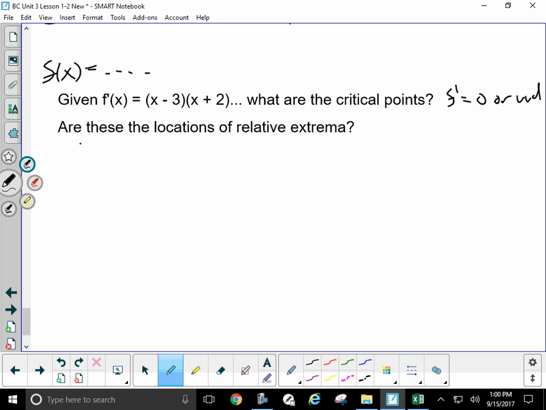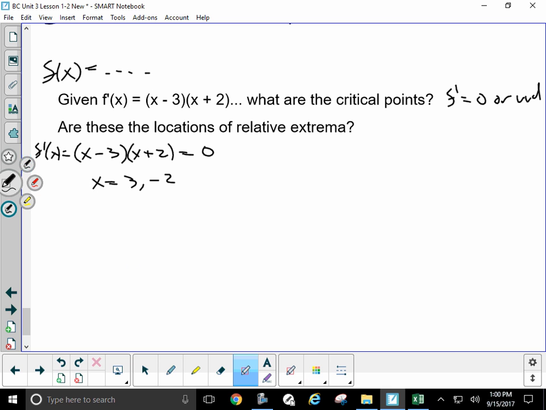So I will set this, which is f prime, equal to 0, and I get 2 locations. Now, the question becomes, will those be maxes or mins or neither? This is what I will do.